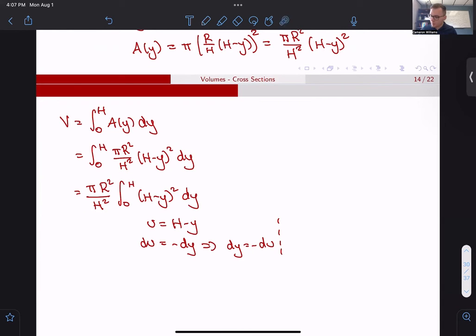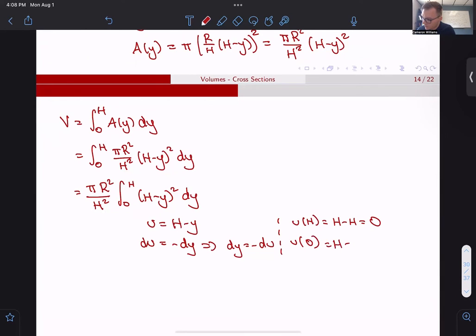And this stuff will become u. So we'll just have u squared. That's pretty nice. But since we're doing a definite integral, we need to change our limits of integration. So let's plug in the upper limit. If we plug in H for y, we're going to have big H minus big H, and that's 0. Okay? If we plug in our lower limit, we'll plug in 0.